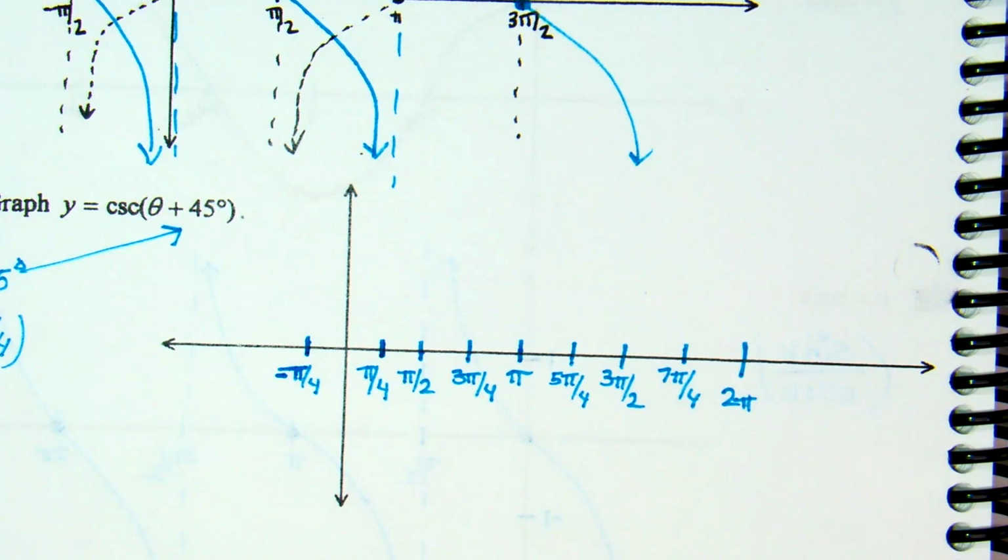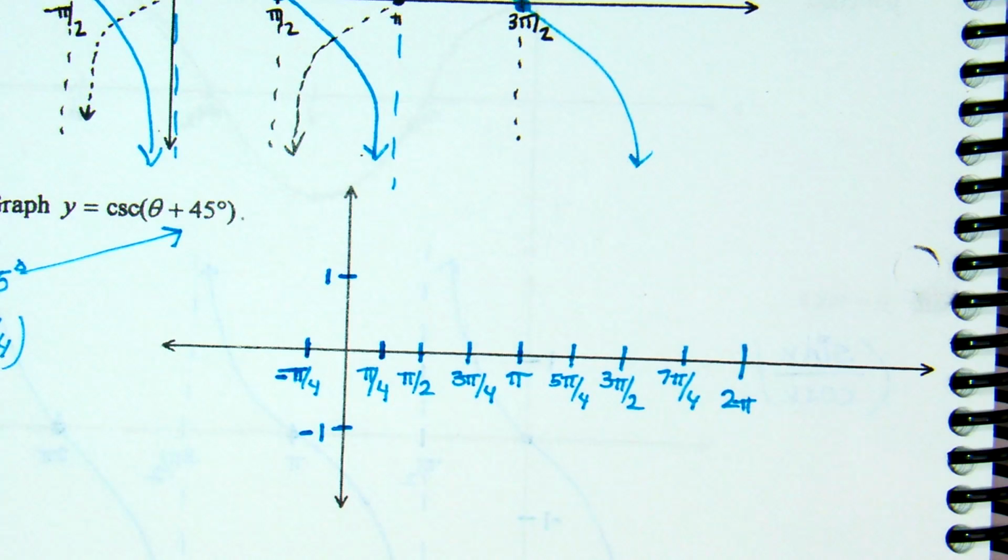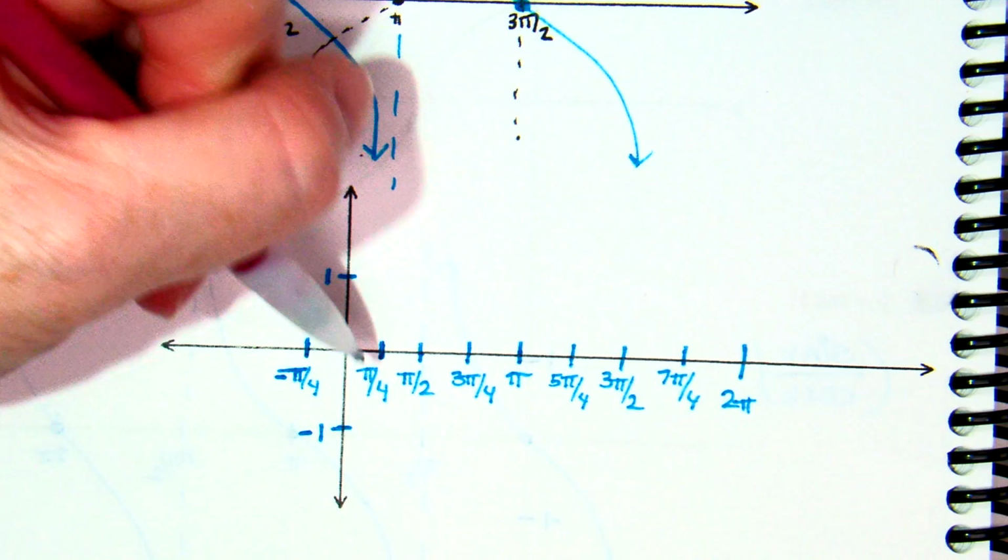Okay. Cosecant is based on the graph of sine. Oh, I never put my 1 and -1 in, did I? Here's my 1. Here's my -1. I would have had to put them in eventually. If it helps, could you lightly put in the graph of sine? If I lightly put in the graph of sine, what's sine look like?